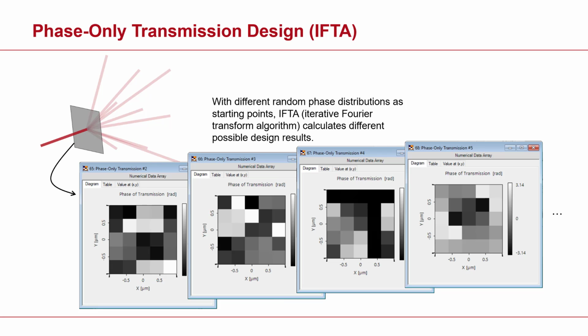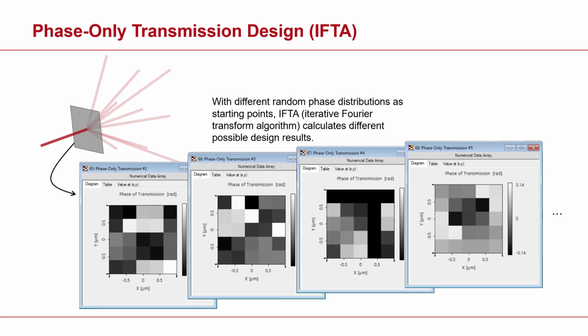And what the IFTA is going to provide is the phase distribution of the period that we need our nanopillars, our metastructure, to then realize with, in this case, a structure in the form of an arrangement of pillars with variable diameters.